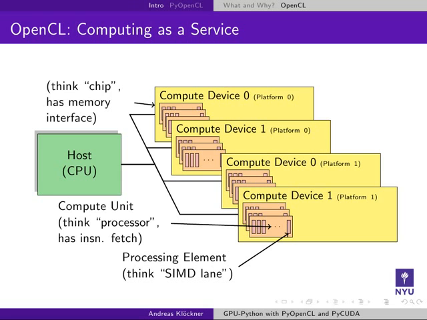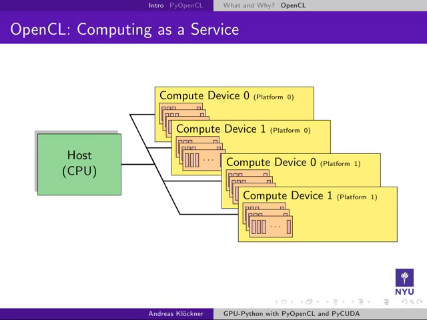That's some of the terminology, and then the idea is that we'll use Python to talk to this end of the universe. We'll have Python running on the host, and we'll keep talking to these devices here in the device programming language, which is somehow a subset and a superset at the same time of C99.